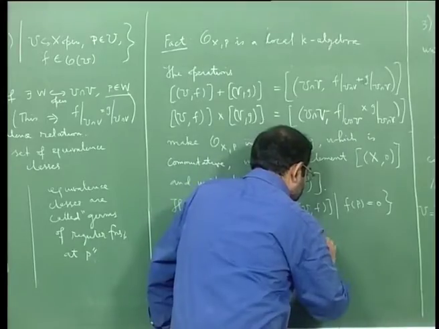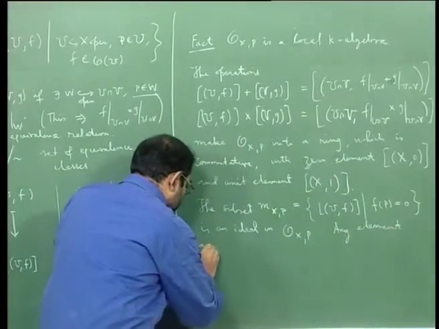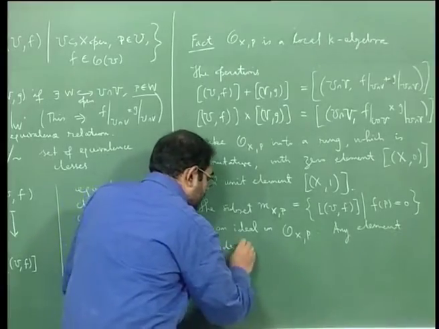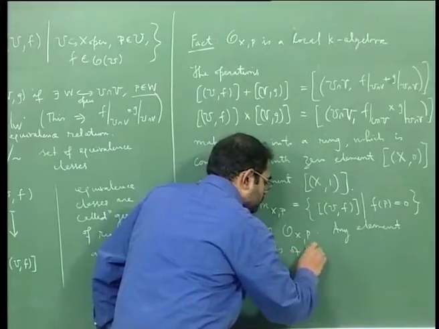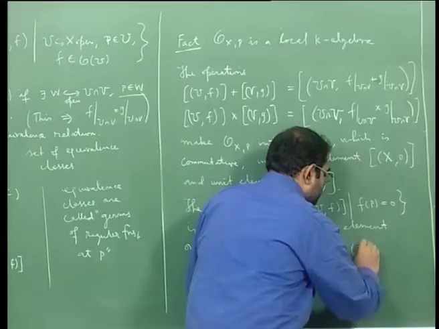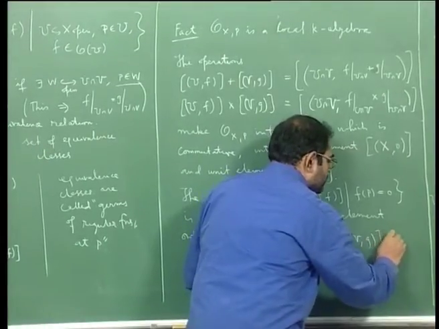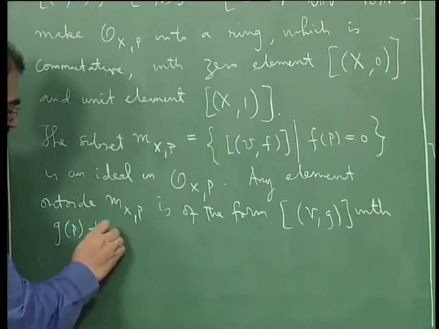So let me write that: any element outside M_{X,P} is of the form (P, g) with g(P) not equal to 0.